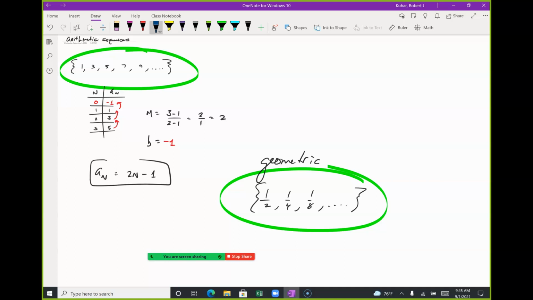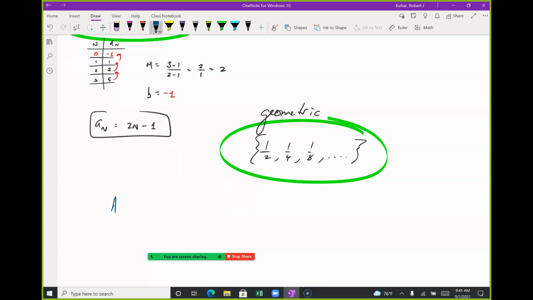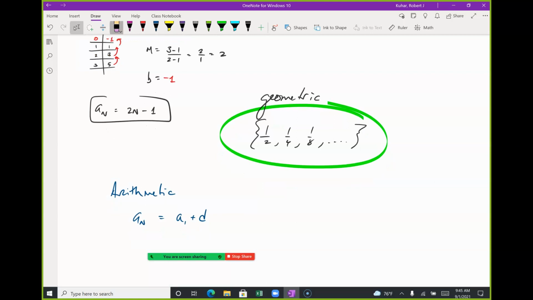So in general, an arithmetic sequence, and I'll do another one in a second. Arithmetic is a sub n is a sub 1, the first term, plus, I'm sorry, no, that's not right. Don't tell me.